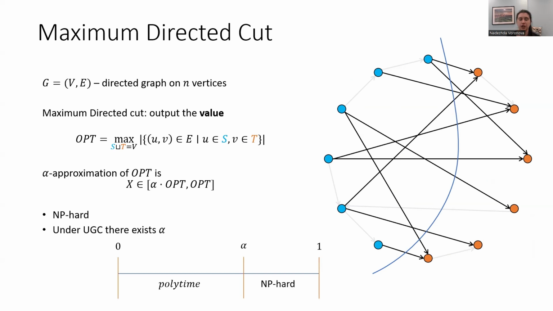Under unique games conjecture, there exists an approximation factor alpha, such that approximating up to this approximation factor is doable in polynomial time, while any better approximation is NP hard. And it's known that 0.874 approximation is achievable in polynomial time in the RAM setting, which is less restrictive than the streaming setting.